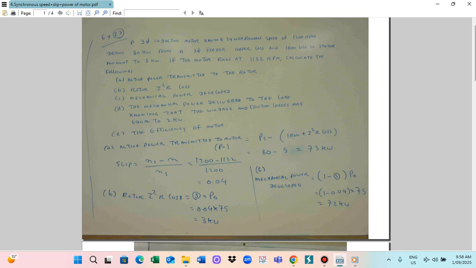And C, we also need to calculate the mechanical power developed.